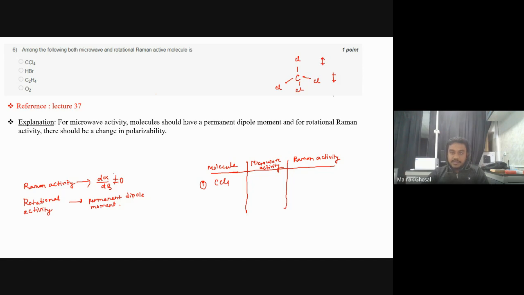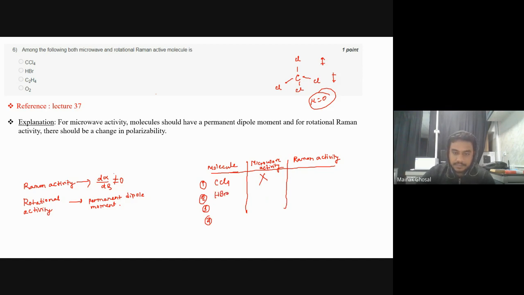So these will cancel out, so you see it has mu equal to 0. What I've said is that a molecule which has no permanent dipole moment will be rotationally inactive. So microwave activity, I am crossing it. Since it is not microwave active, I am not going to the next one, because you need something which has both activities.